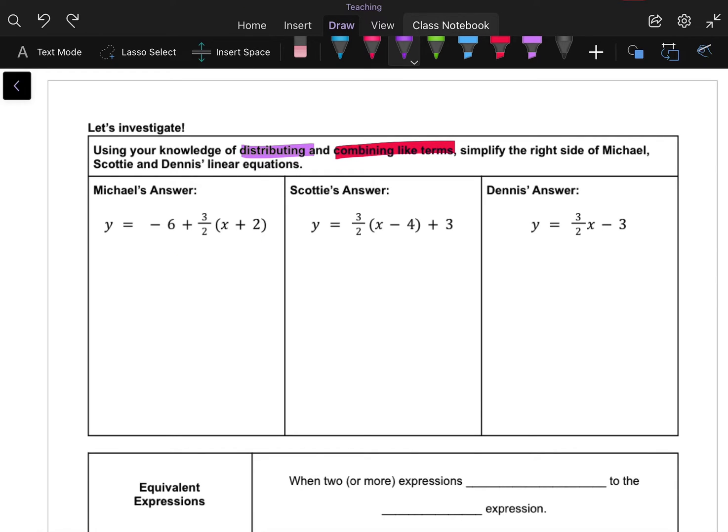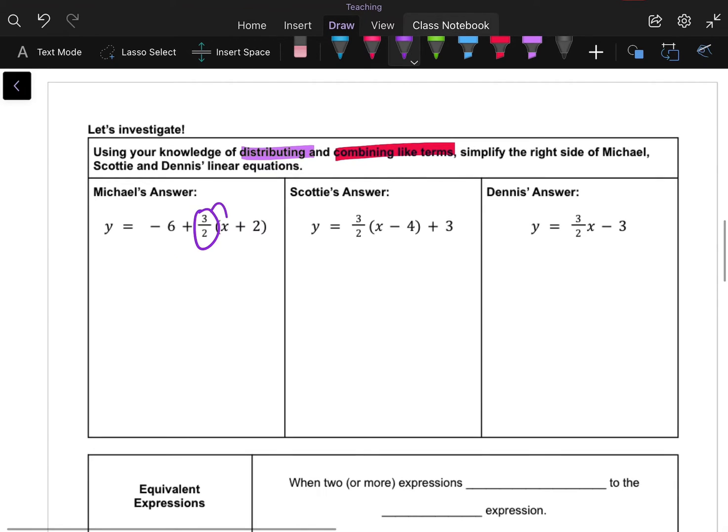Here on the right side, I'm going to distribute this 3/2 to everything inside of parentheses. So that'll give me 3/2 times x plus 3/2 times 2. The -6 out front here doesn't change, so I'm going to drop that down. -6 plus all of that we just distributed, and this is still equal to y.